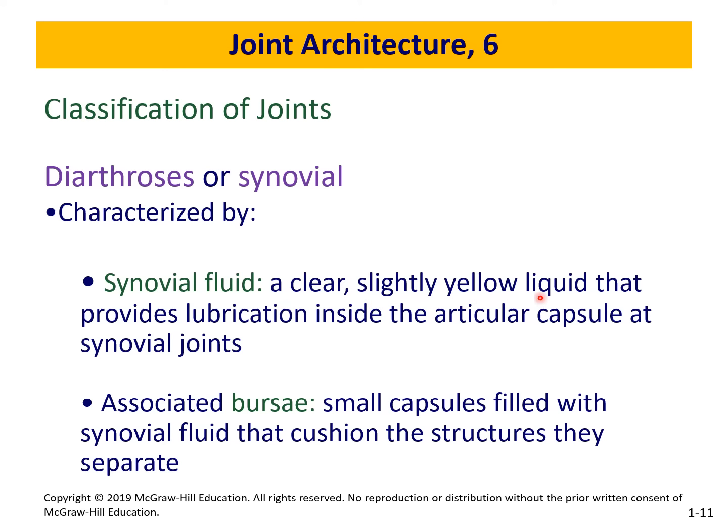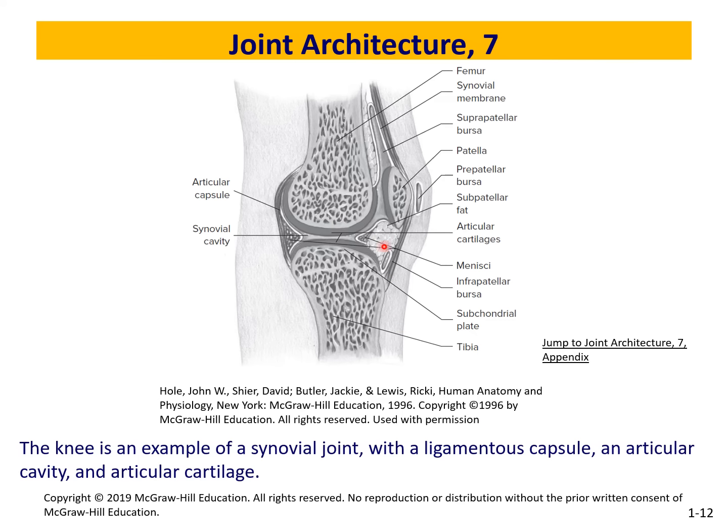It's a clear, slightly yellow liquid that provides lubrication inside the articular capsule, and we have the bursa, which covers and protects the joints. It's like a capsule filled with synovial fluid that cushions the structures it separates. This is a schematic of the knee, an example of a synovial joint.